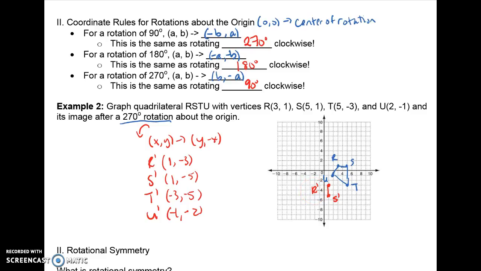Oh, let me move my R prime label out of the way. Let's put that over here. All right, so (negative 3, negative 5), that's going to be my S prime. Or no, it's T prime. Sorry. This is what happens when Miss Huang makes a video at 9 p.m. at night, guys. All right, so T prime, and then U prime is at (negative 1, negative 2).